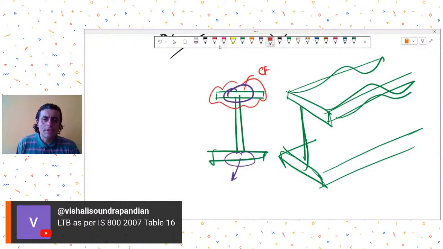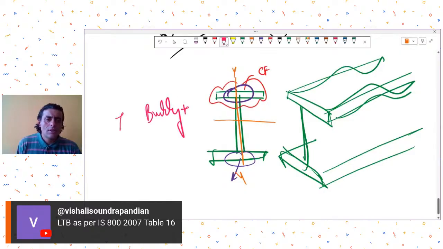Now because of this type of effect, in addition to buckling, there is a certain twisting of the cross section that happens. That twisting happens about the minor axis because the buckling is also taking place about the minor axis. So there is a mix of buckling, and with buckling there is an associated torsion.